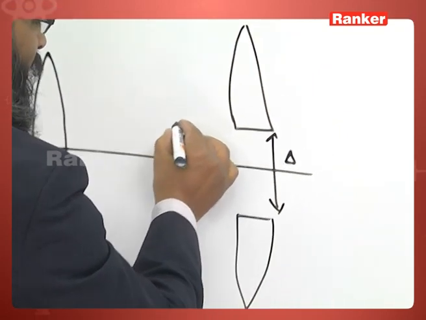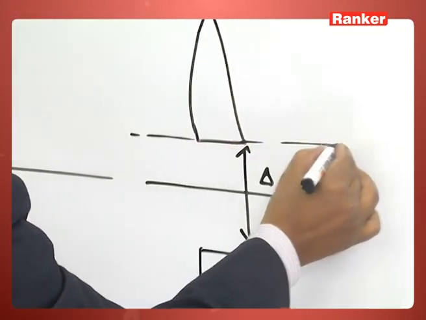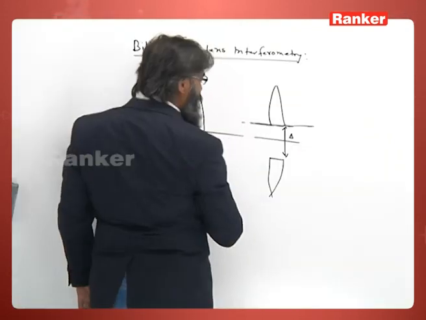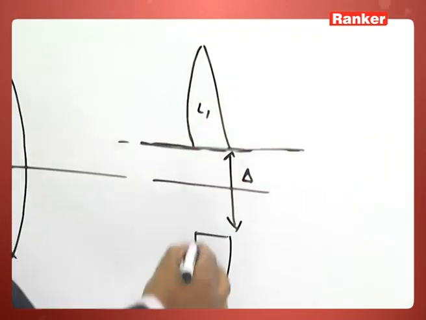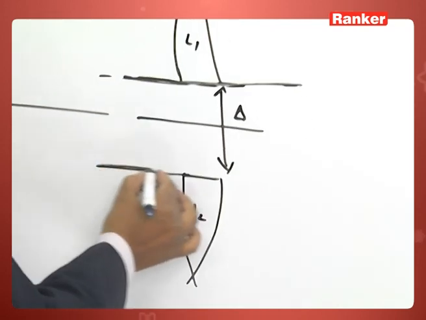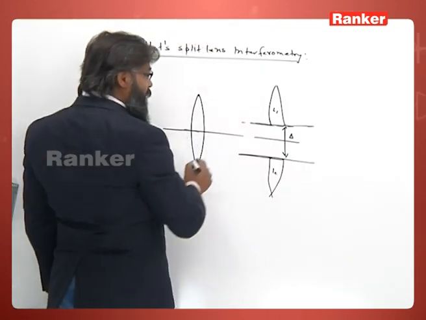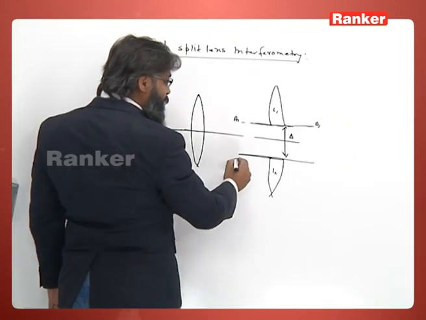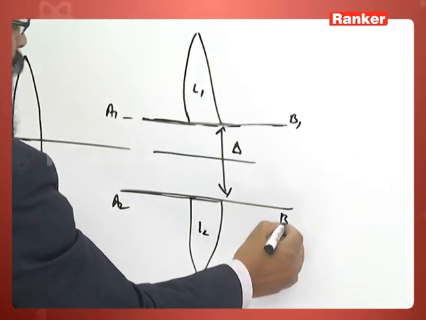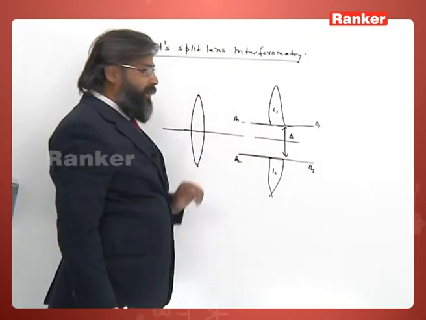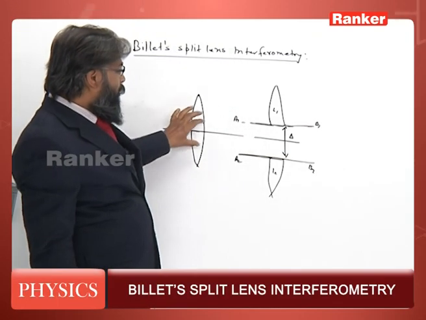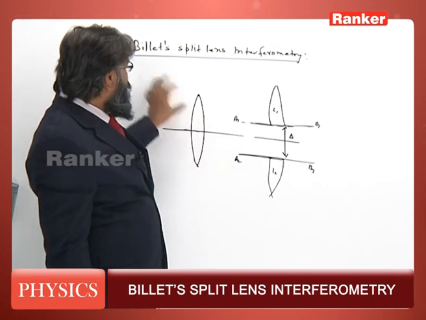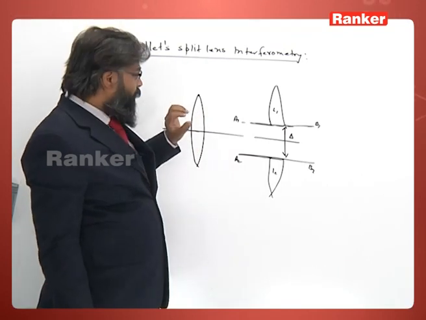So, when this lens is split and displaced, this is lens L1 and this is lens L2, and the optic axis is this. You can say this is A1 B1, the optic axis of lens L1, and this is A2 B2, the optical axis of lens L2. So, this is Billet's split lens.